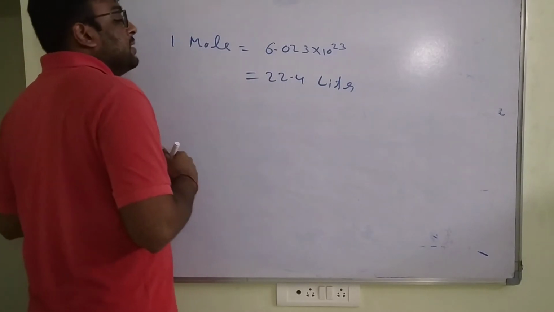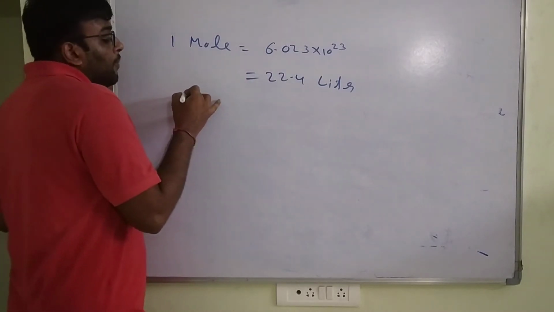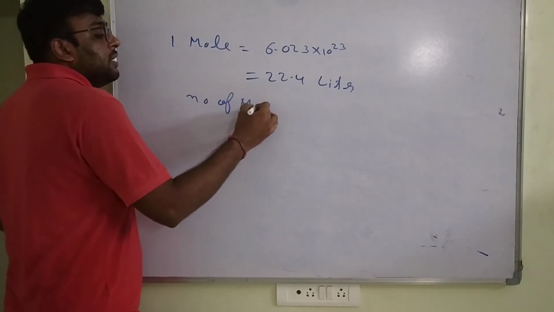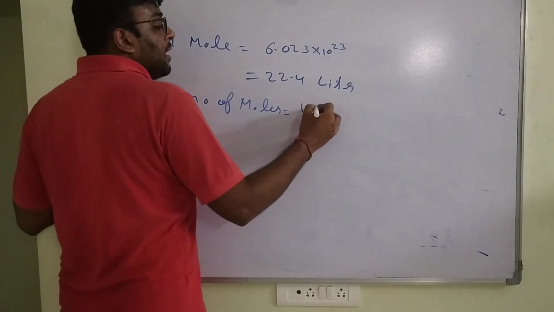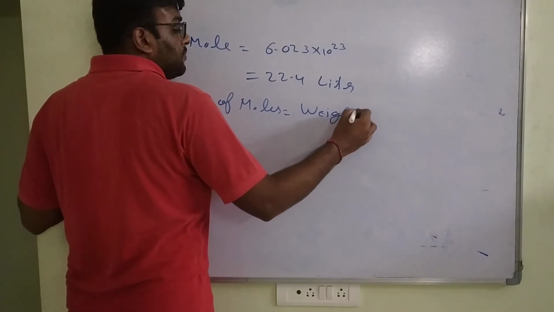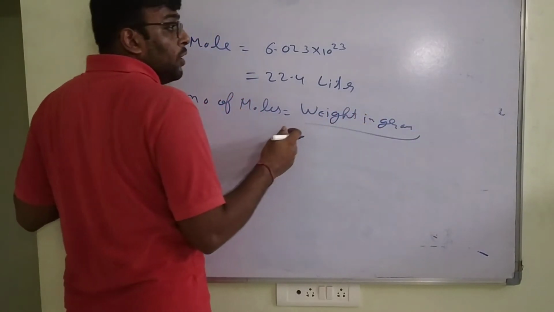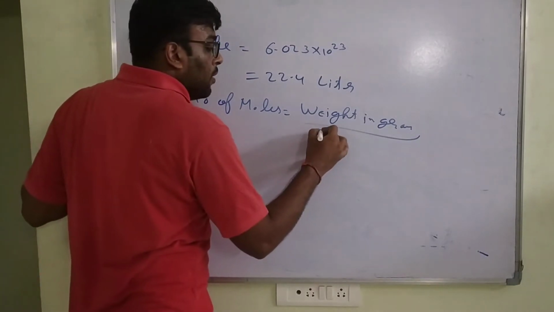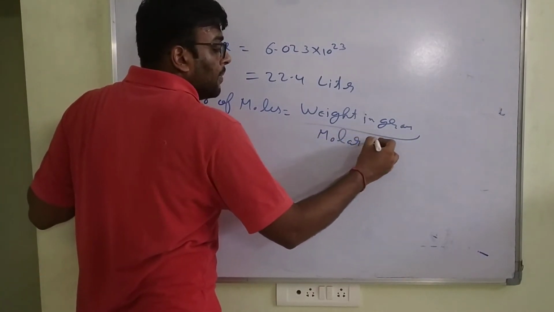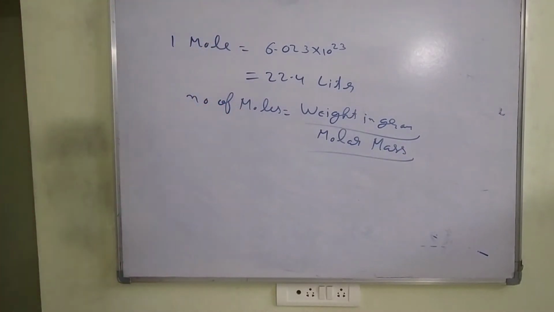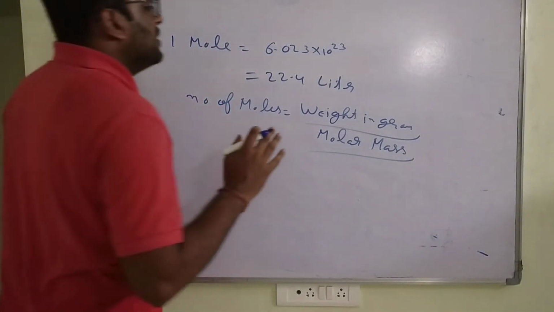There is one other formula: the number of moles always relates to weight in gram upon molecular mass, or atomic mass upon molar mass. I already explained molar mass or molecular mass in the previous lecture, so you should understand it well. So the basic relation is in this way.